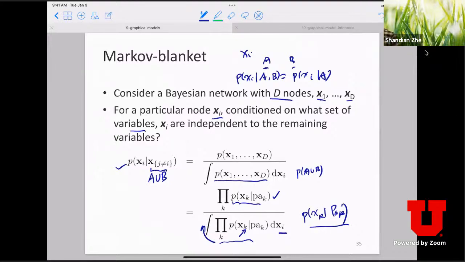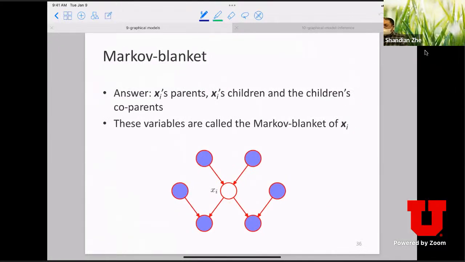This actually tells us the Markov Blanket A here is just those random variables which coexist in the conditional probability terms that include Xi. This is called the Markov Blanket. So who will coexist in the conditional probabilities that include Xi?